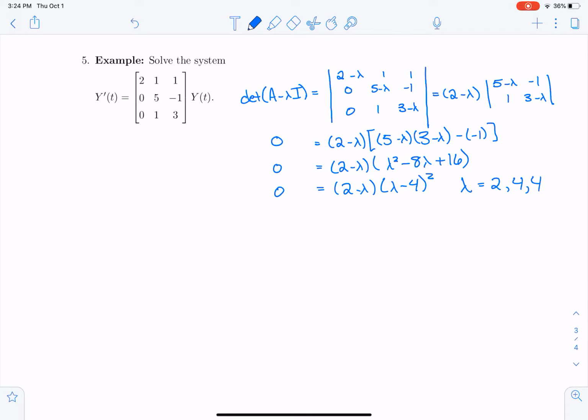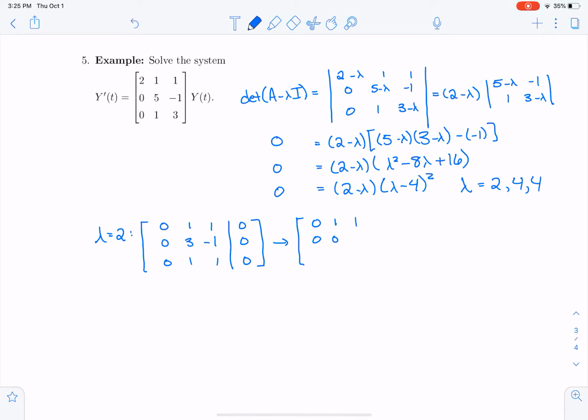So now I'm going to find the eigenvectors. If lambda is equal to 2, then I want to solve the problem [0, 1, 1; 0, 3, -1; 0, 1, 1] times x equals 0, 0, 0. I'm going to row reduce this matrix to get 0, 1, 1. I'm going to take the second row and subtract 3 times the first row so that I get 0, 0, negative 4.